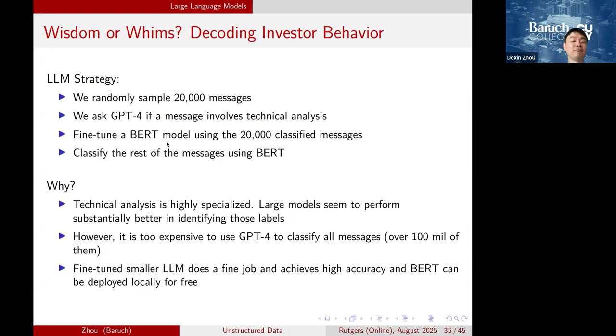That saves us a ton of money and helps us get results relatively fast. And we find that this fine-tuned model does a pretty good job picking out the messages related to technical and fundamental analysis.